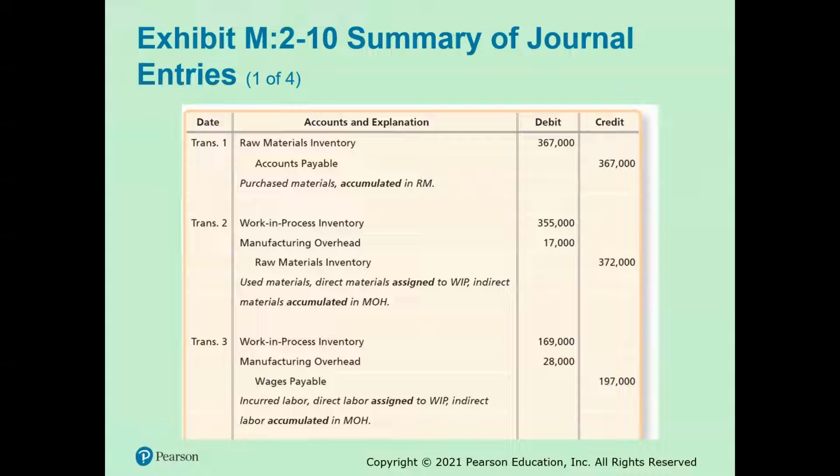Transaction number 3, work in process inventory debit of $169K, manufacturing overhead $28K, and wages payable credited for $197,000.